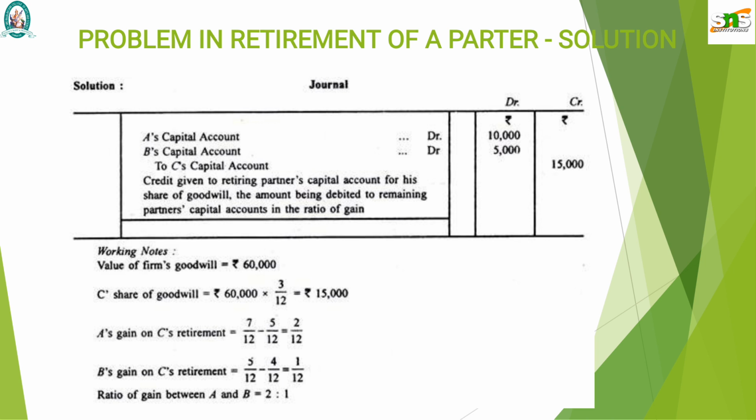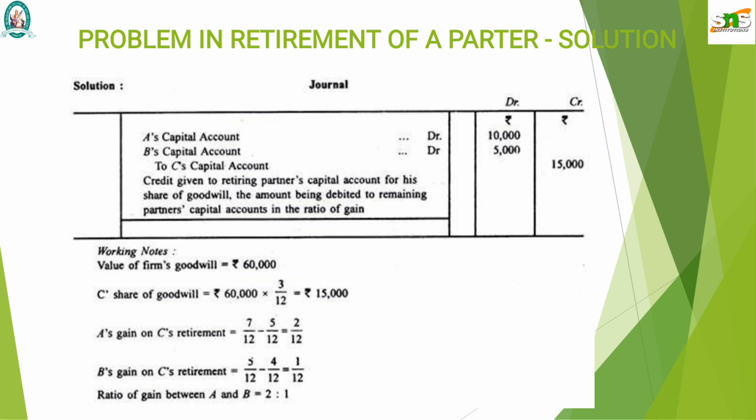How does this 3 come? Before retirement, the 3 partners were sharing in 5:4:3 ratio. 5 is the ratio of A, 4 is the ratio of B, and 3 is the ratio of C.